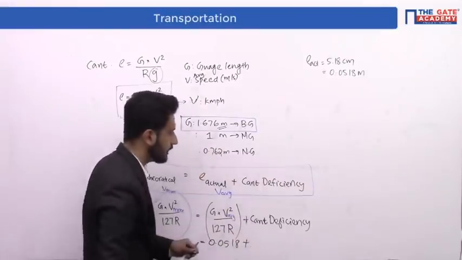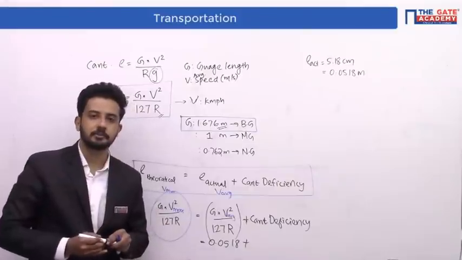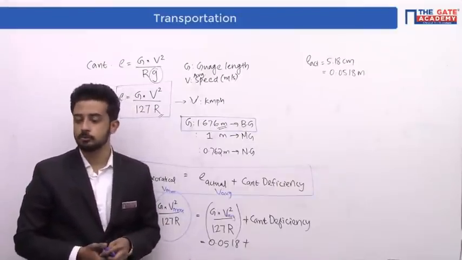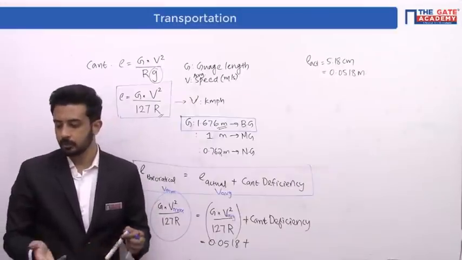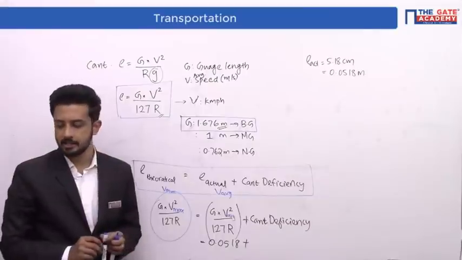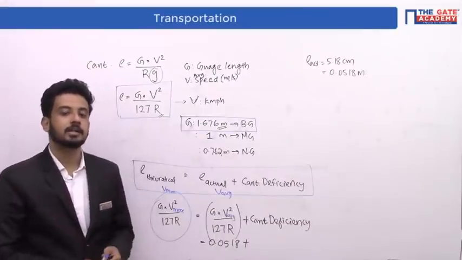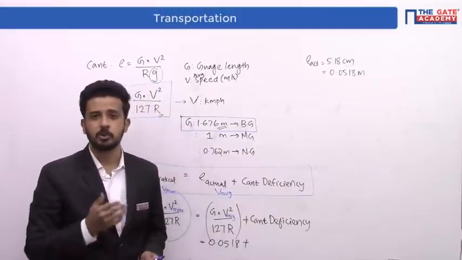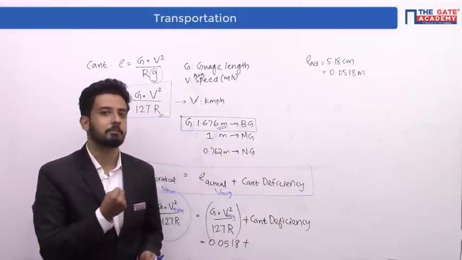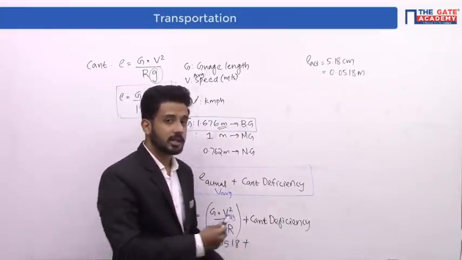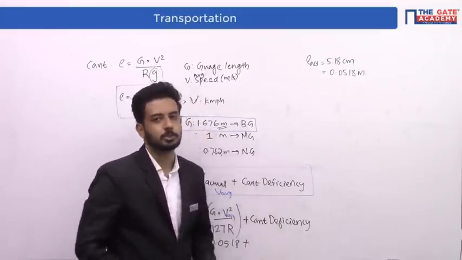Now I want to find out what is this cant deficiency. Check in the question whether they have given any value for cant deficiency. No, they haven't given. But they have mentioned that maximum cant deficiency is provided. So, if you know what is the maximum value we can provide, it is a limit, correct? So, if we know what is the limit, then we can substitute.